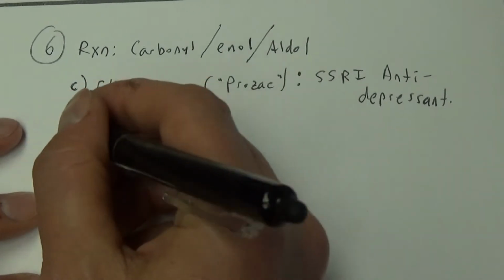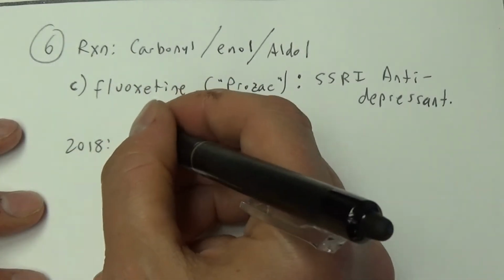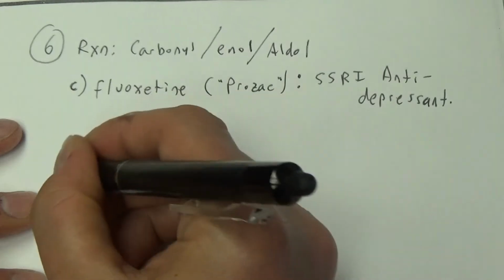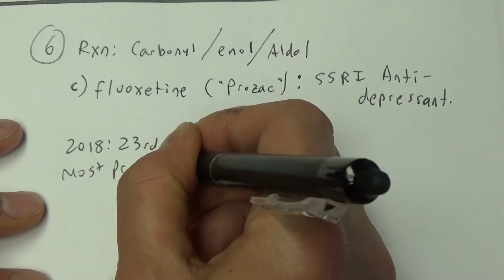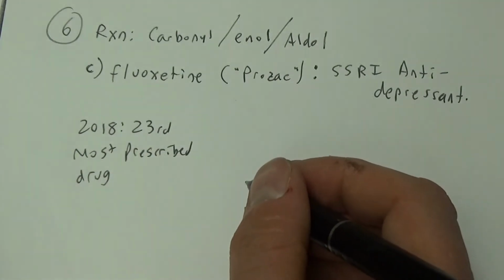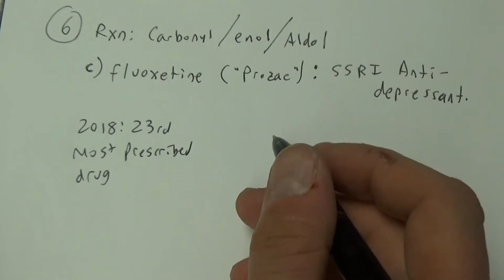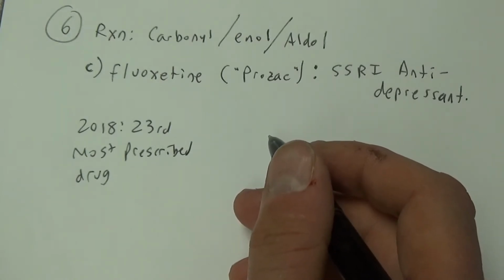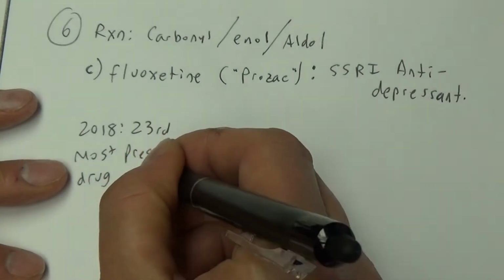I think in 2018 it was the 23rd most prescribed drug. It is a pretty easy molecule to synthesize, and it's also used generically at this point. I think there's like 25 million prescriptions.